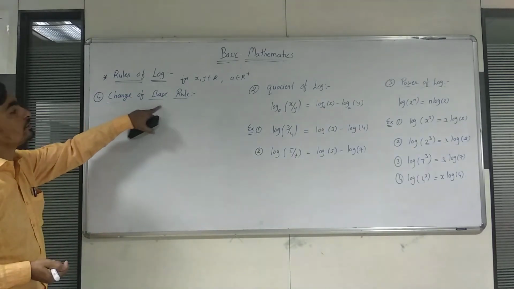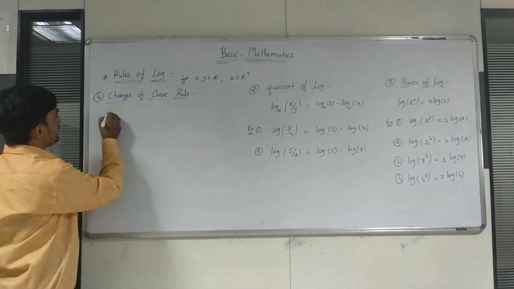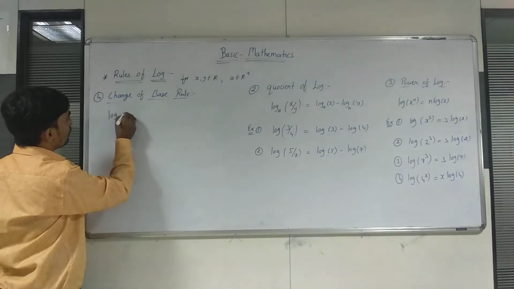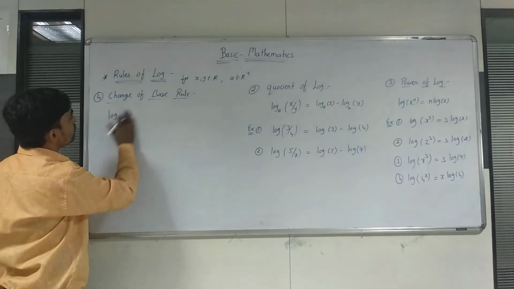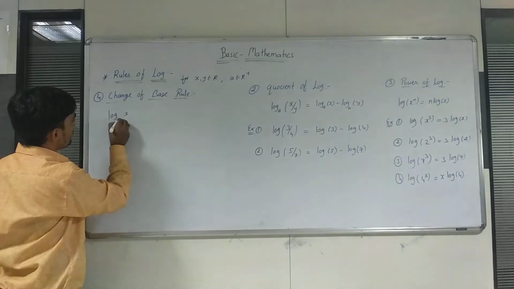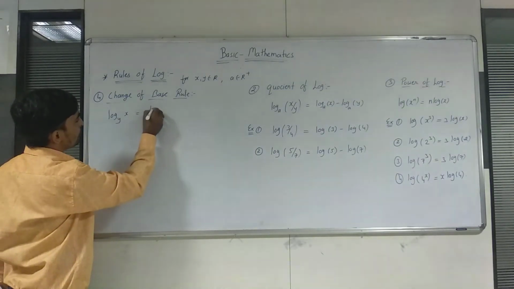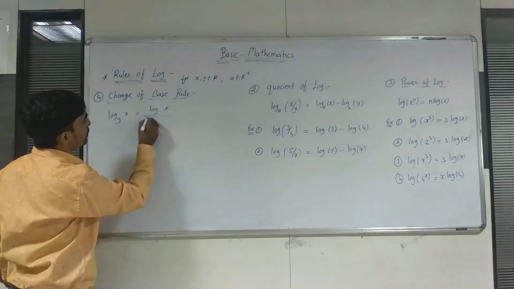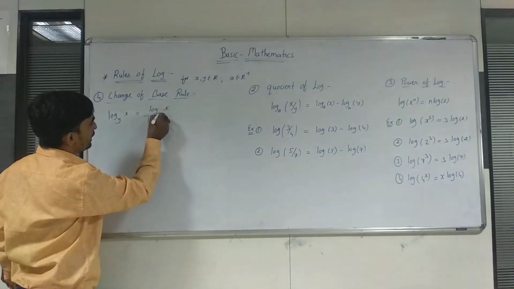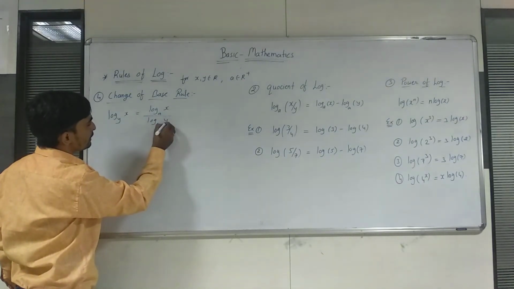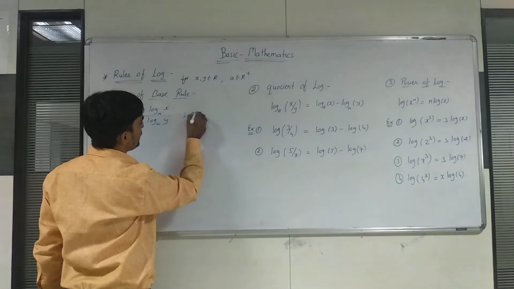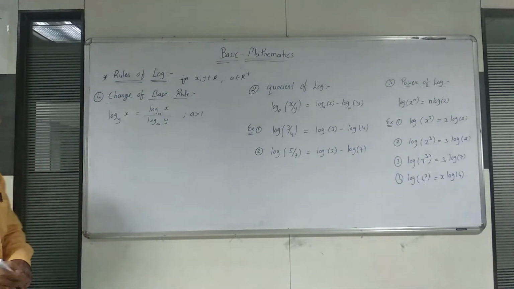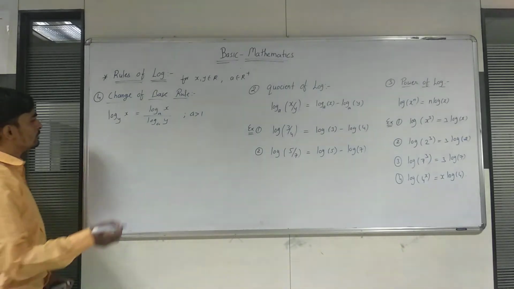Okay, so we have to change the base. So here it is log of x at base y. You can write this as log of x upon log of y at base a, where a is greater than 0 and a is not equal to 1.